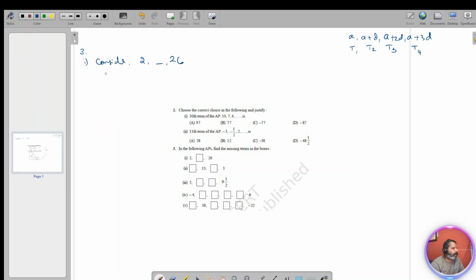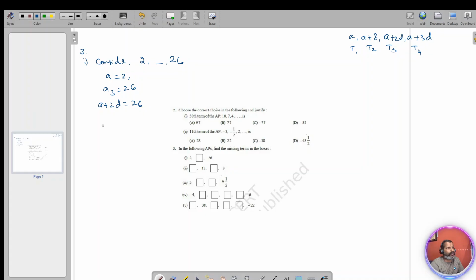What is given here is a is 2, which means a1; a2 they want, and a3 they have given, a3 is 26. What do you mean by a3? a3 and t3 are the same, I just use the term t here. a plus 2d is 26, because a3 is nothing but a plus 2d.